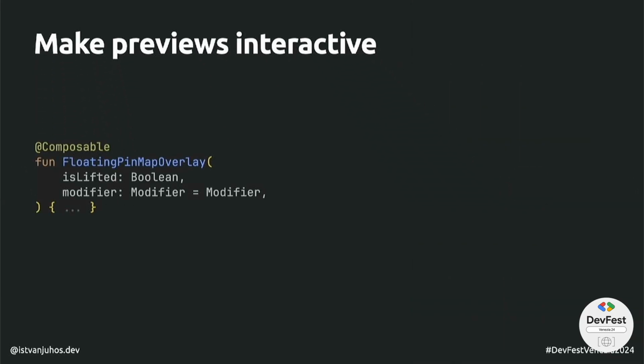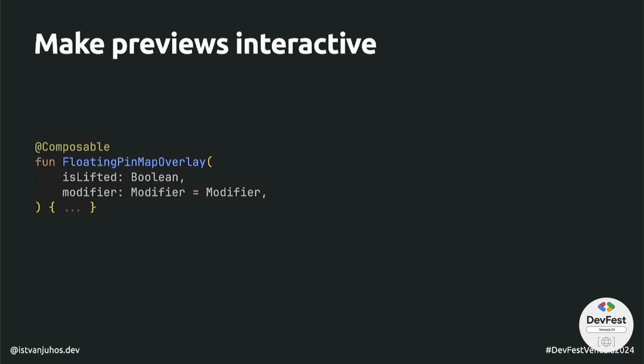OK, we recently implemented that floating pin over the map that you could see on the video, which moves up and down based on if the map is moving or not. It's called floating pin map overlay because we didn't have much fantasy for it. And it receives the state if it's lifted or not. And that's it.